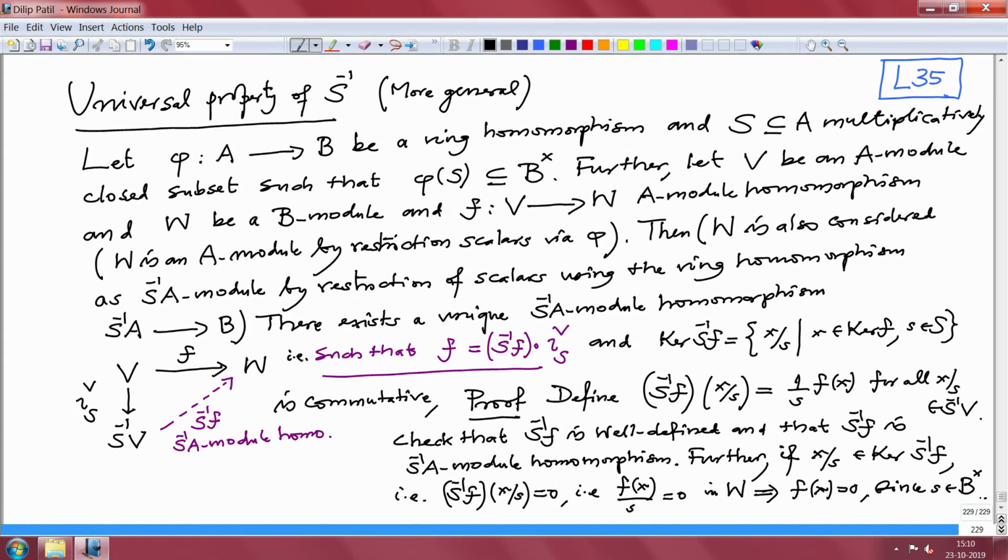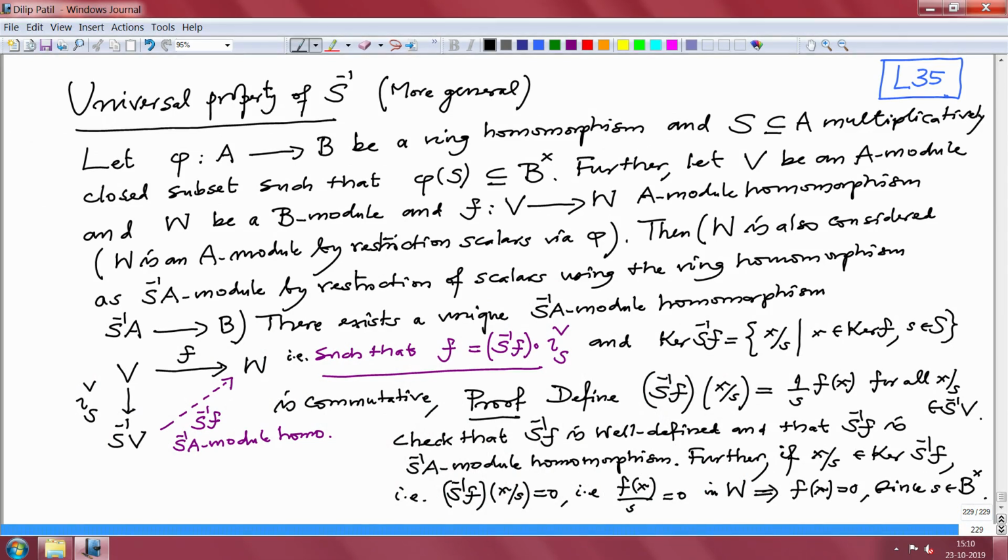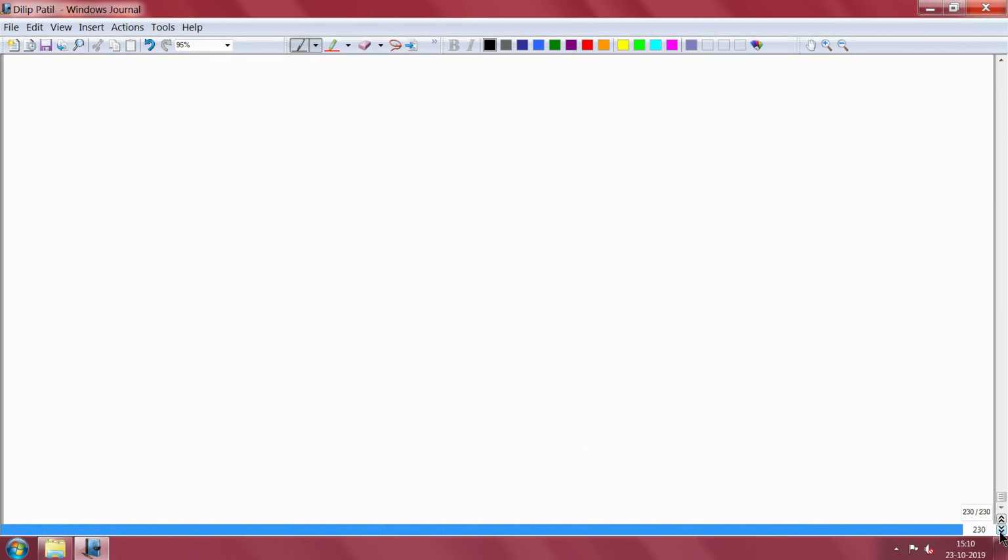So that proves that the kernel of S inverse F is precisely this, as you saw. So that proves this statement. This is more general than the previous one. I will show you why it is more general, and we will give an application of this to modules of homomorphisms.